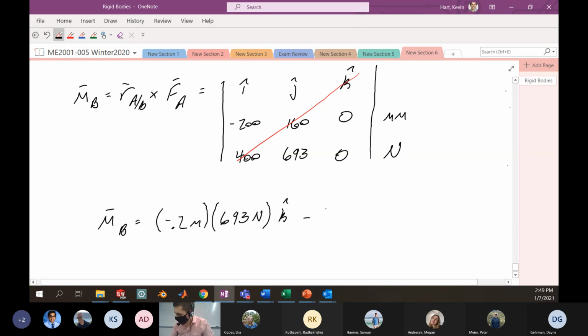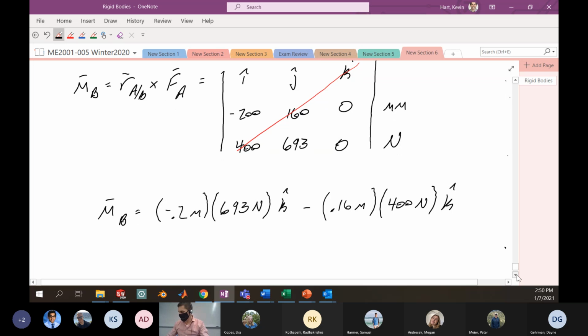So it's going to be minus 0.16 meters multiplied by 400 newtons in K hat. So my result after working through all of this is negative 202.6 k hat Newton meters.